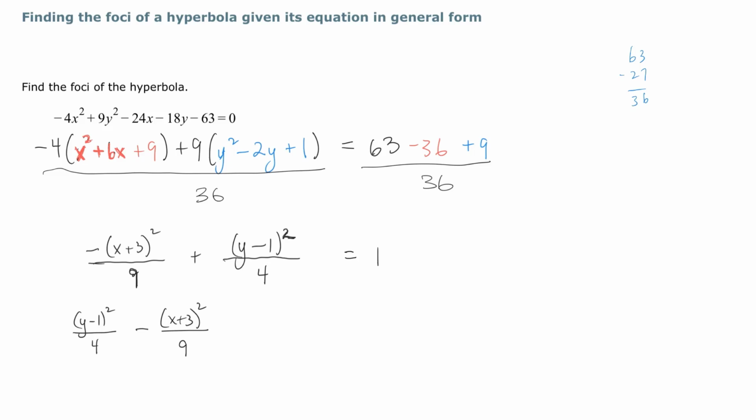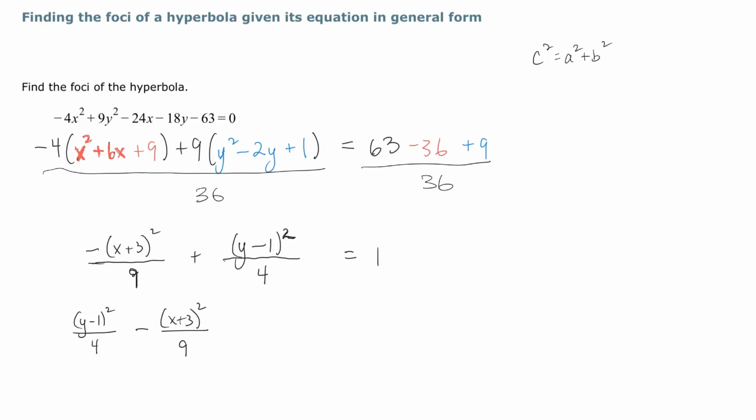All right. Now, to find the foci, we use this relationship in a hyperbola. The relationship is c squared is equal to a squared plus b squared. Pretty convenient. So what is really going on?